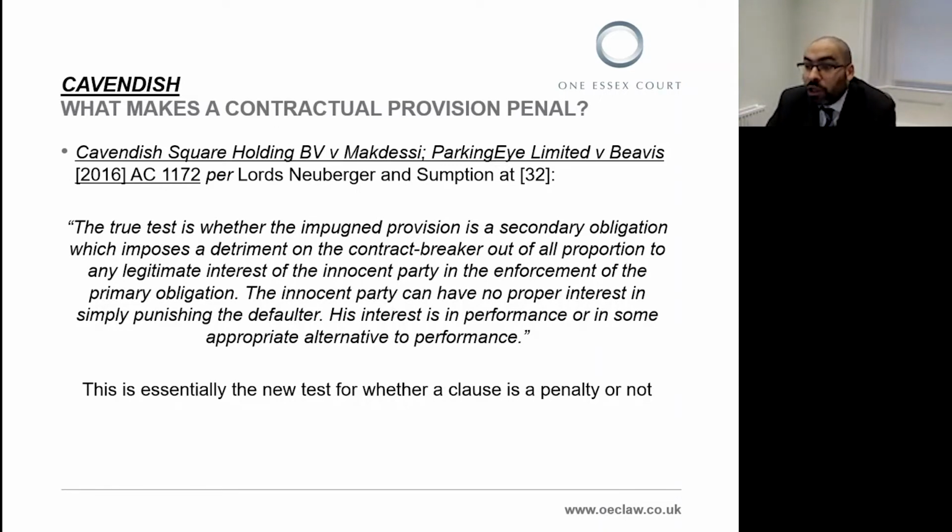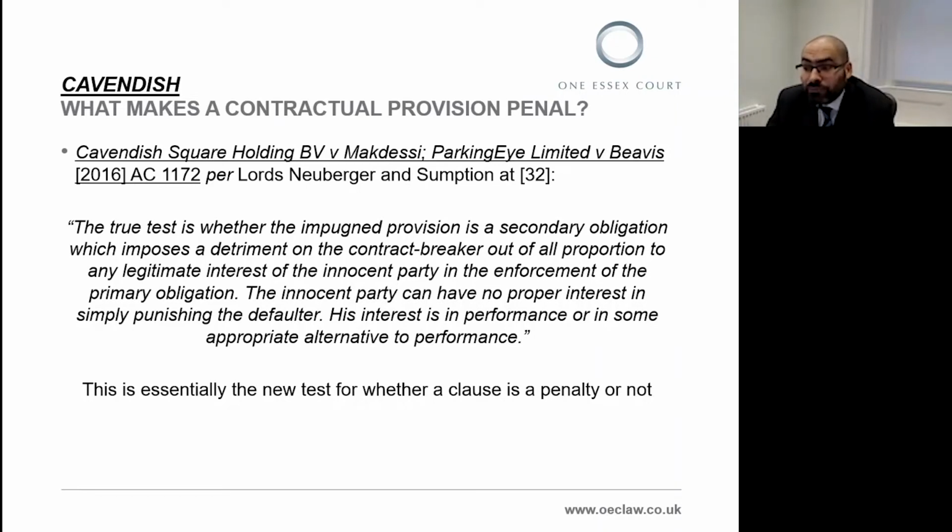The true test is whether the impugned provision is a secondary obligation which imposes a detriment on the contract breaker out of all proportion to any legitimate interest of the innocent party in the enforcement of the primary obligation.